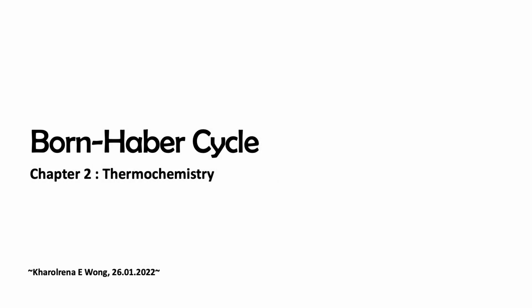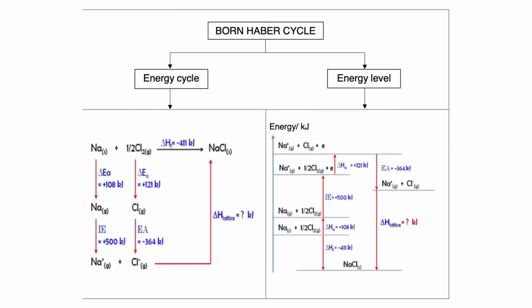Now in this video, I will show you how to use the energy level method in Born Haber Cycle. Previously in your previous class, I had shown you how to construct the energy cycle for Born Haber.